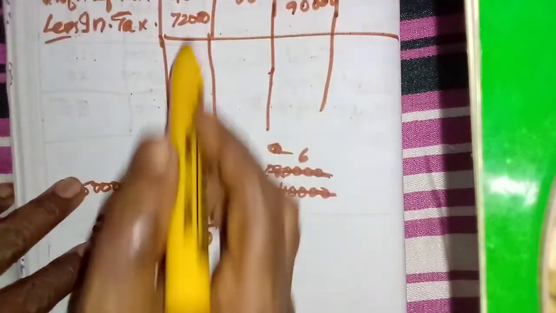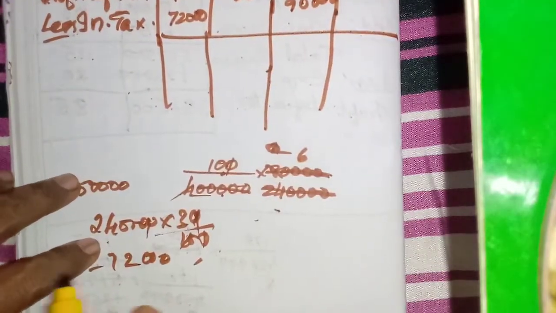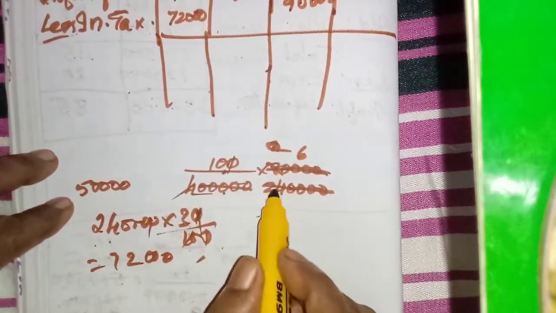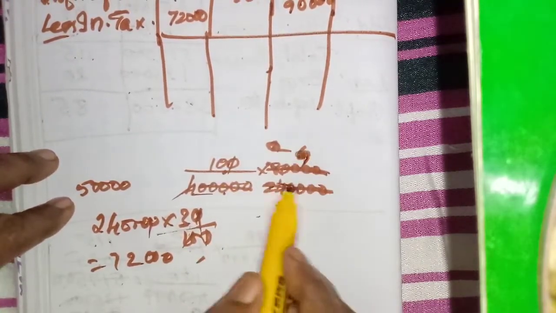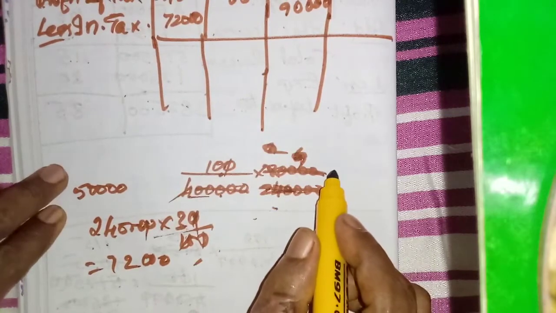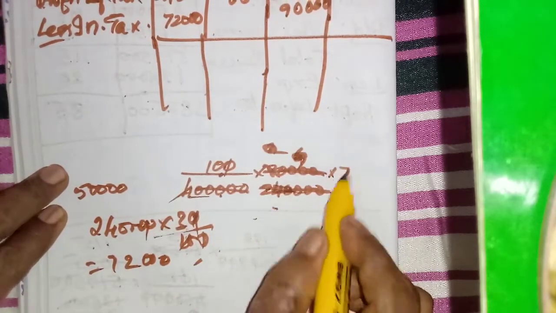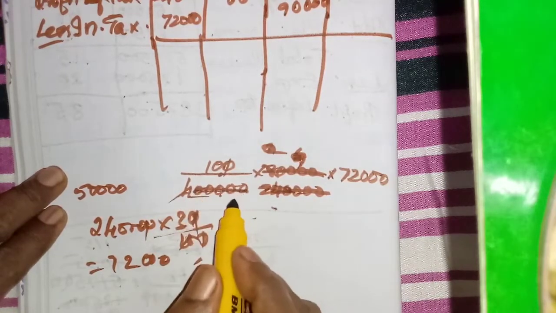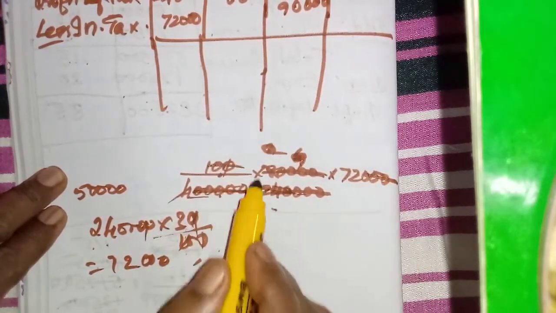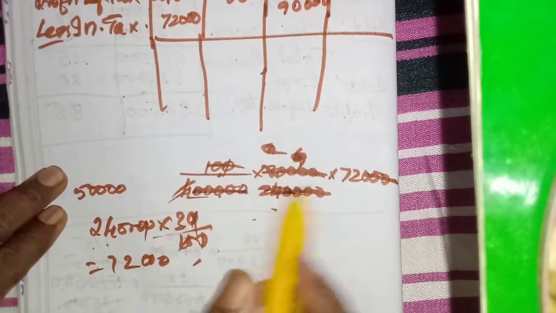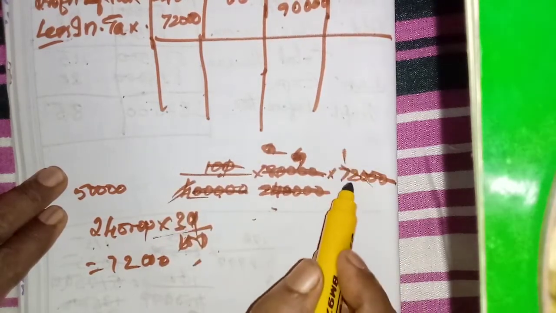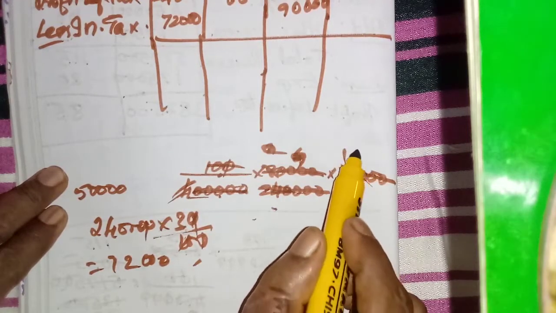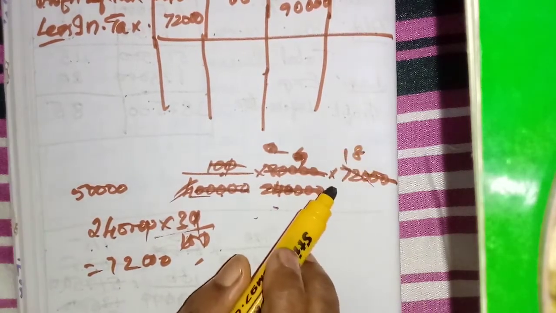Now we will calculate. Okay, for 4 lakh 100, then how much? 72,000. 50, isn't it? Here 30, here 20. Here 4, how many? 1 4 is 4. Then 32, 8 4s are 32.